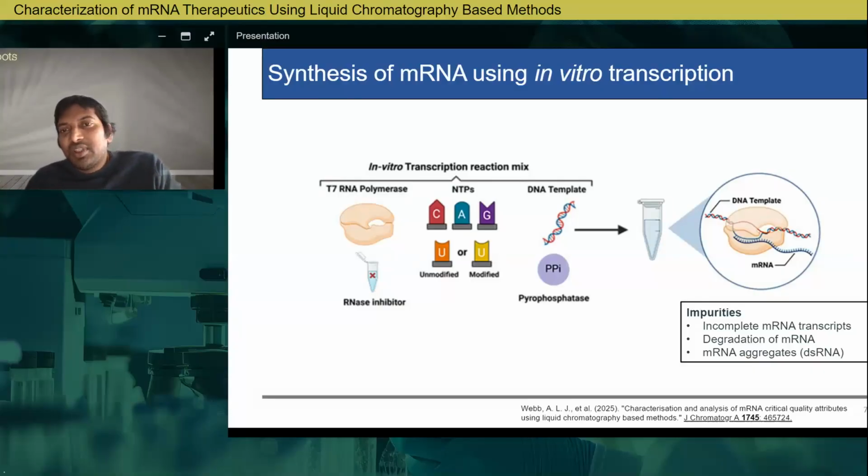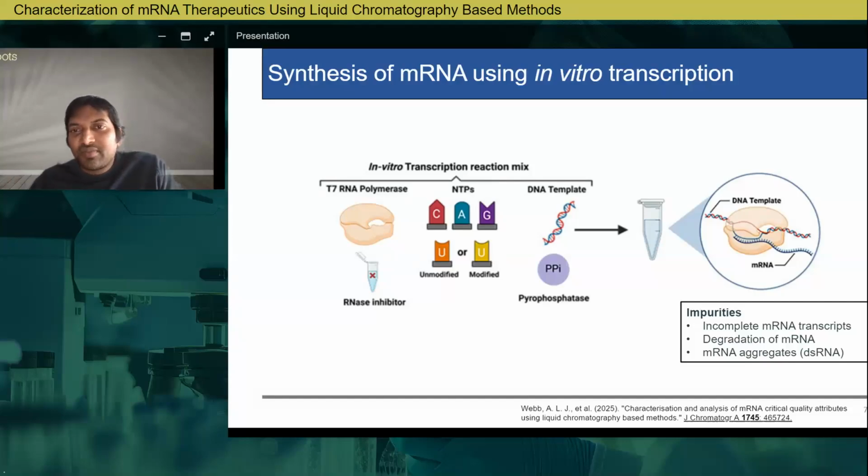And there's a possibility that mRNA aggregates also form. It's a negatively charged molecule, since the phosphodiester backbone is negative. So this mRNA has a high ability to form secondary structures or interact with each other to form double stranded aggregates.